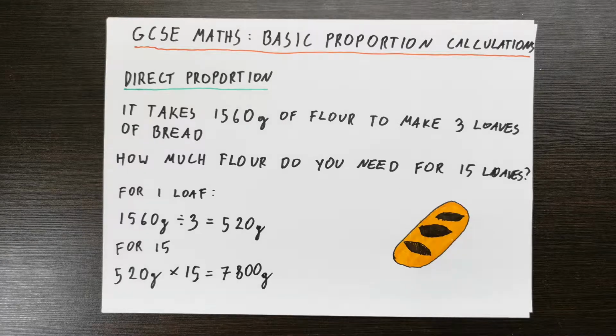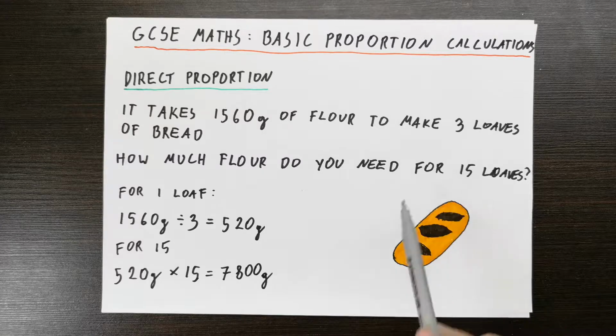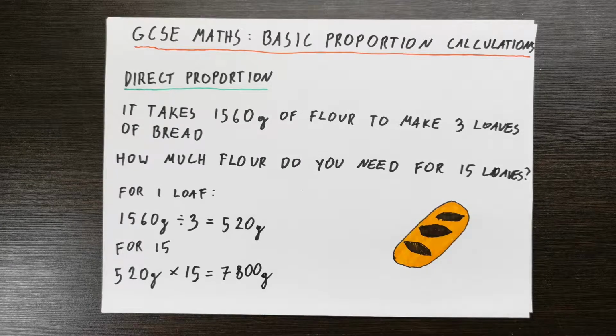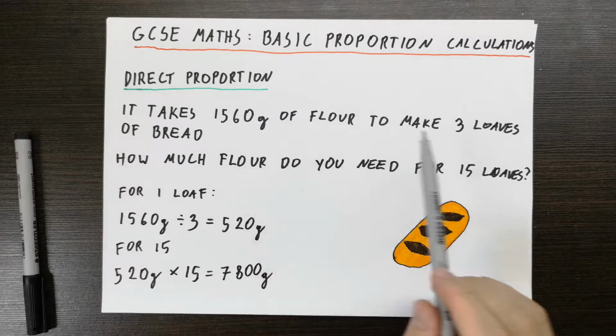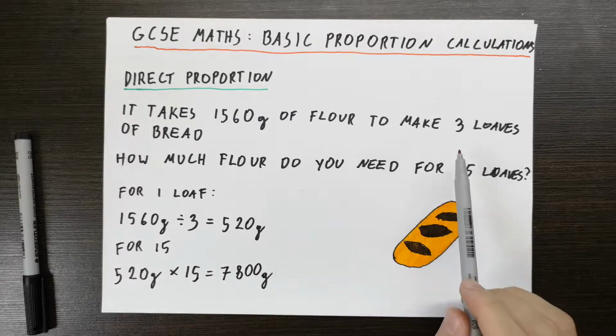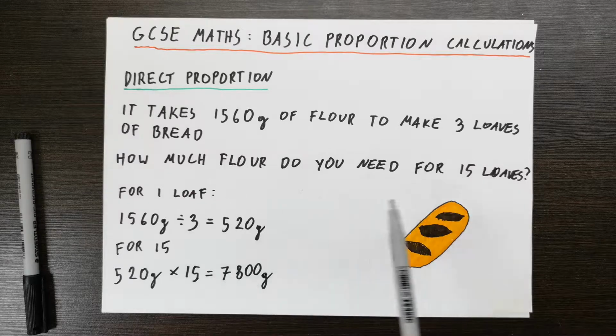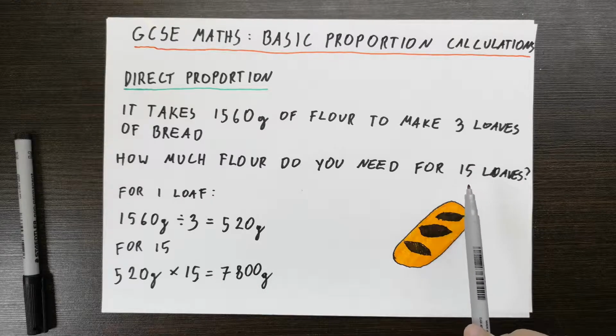However, if you're in a rush, sometimes in some questions you'll be able to take a shortcut. Here is an example of a question where you can take that shortcut, and I will show you quickly. So, if you noticed, this much flour is to make 3 loaves. However, we need to make 15 loaves.